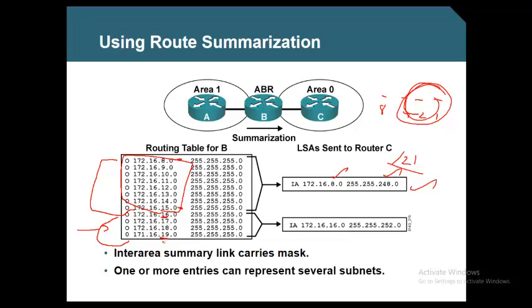So you need only these 2 bits. 255 minus 3. 2 plus 1 is 3, no? So you get 252. 255 minus 252. So 16, and then the next 3 will get summarized. So this will be slash 22.